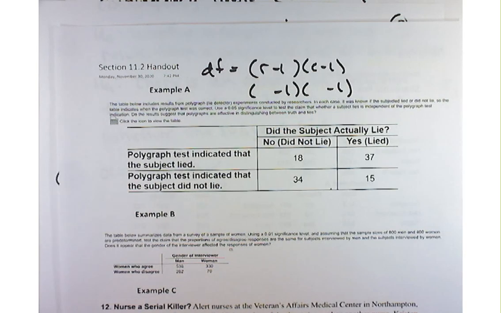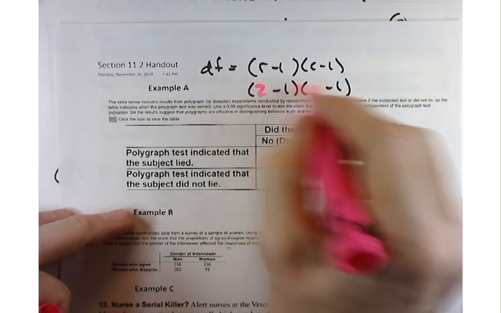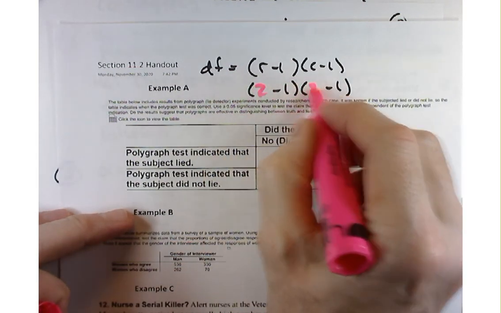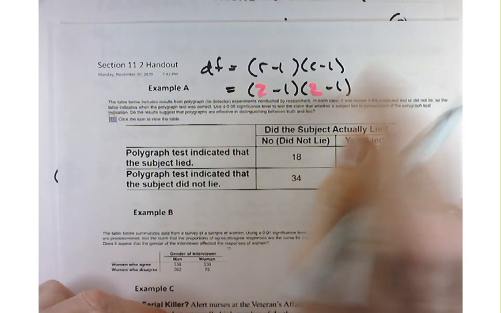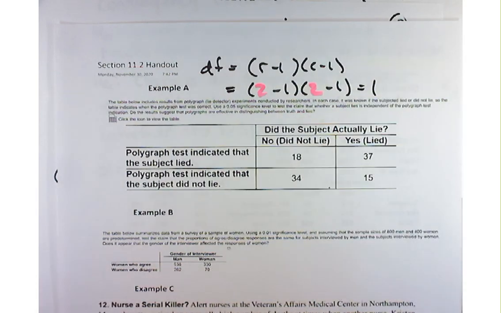So how many rows are there? 2. How many columns are there? 2. So what's 2 minus 1 times 2 minus 1? 1 times 1 is 1. So there should be 1 degree of freedom associated with this test. Basically, this is the smallest table for which we can do this kind of analysis.